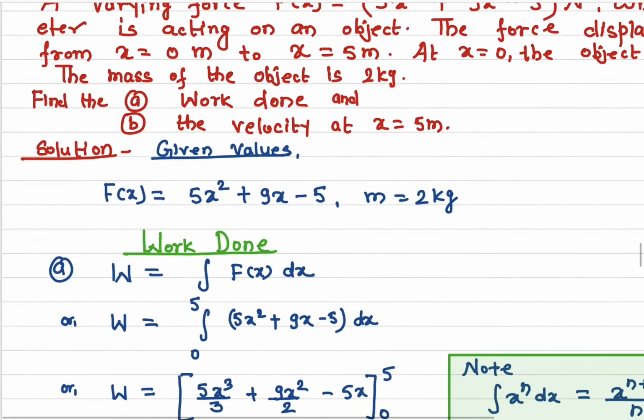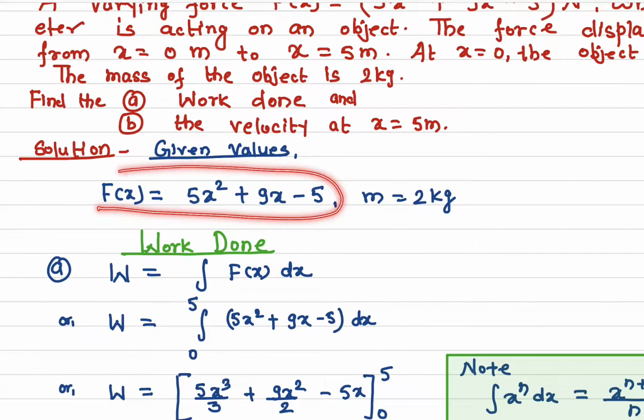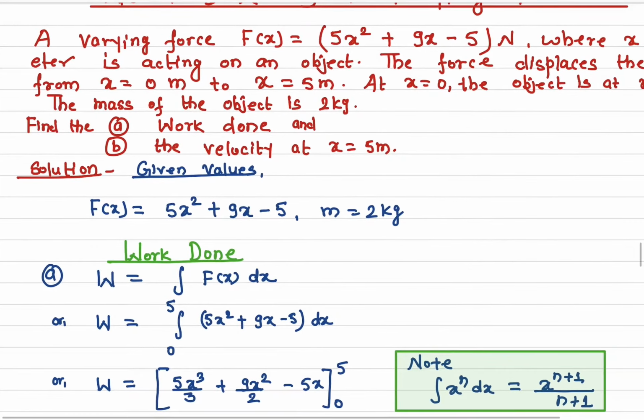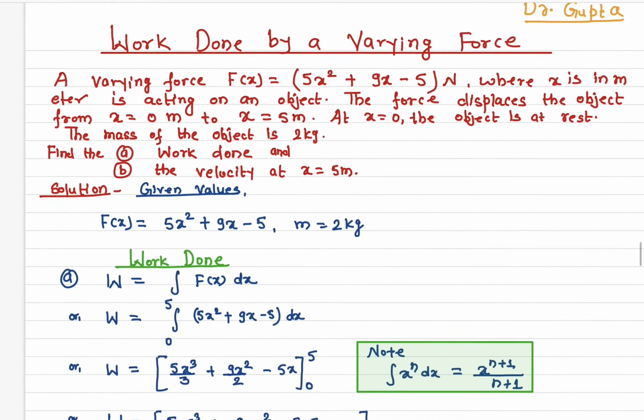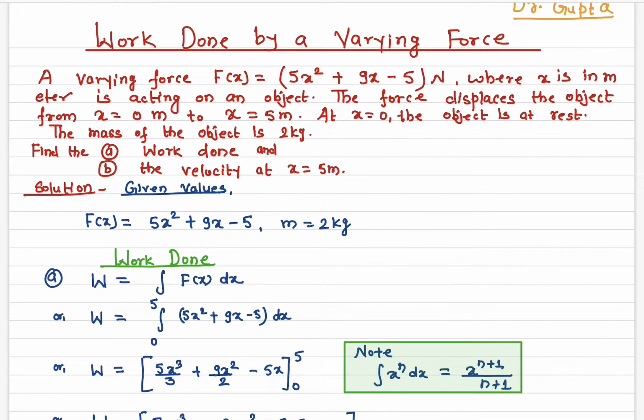So here we have a given force, and the mass of the object is 2 kilogram, and we are applying this force onto this 2 kilogram object. This force is applied from x equals 0 meter to 5 meter, or we have moved this 2 kilogram object a distance of 5 meter, and at x equals 0 the object is initially at rest.